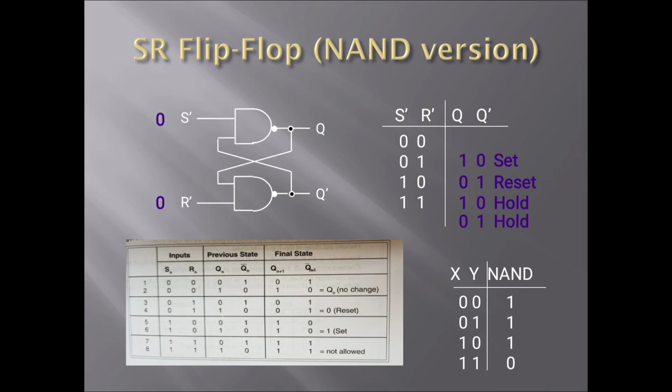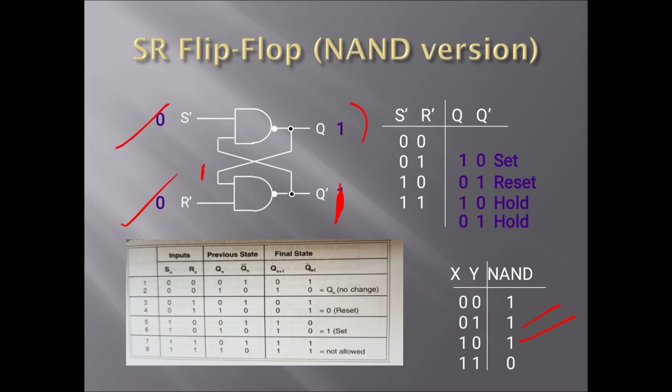when S and R have values 0 and 0 and Q has value 1 and Q complement has 0, sorry, Q has value 1. Now when this value 1 is given to this second NAND gate, then 1 and 0, 0 1 gives value 1, so 1.